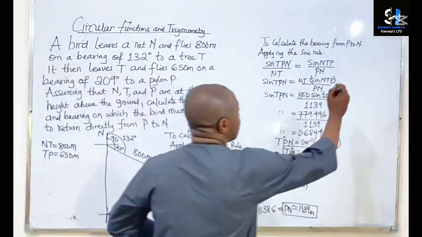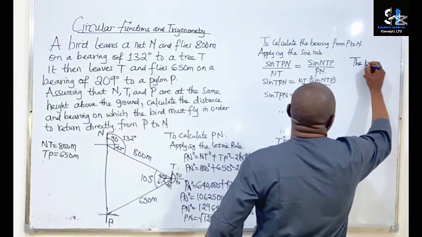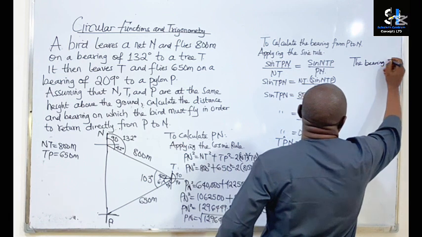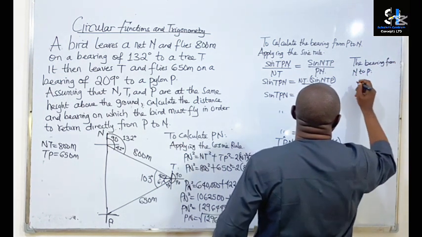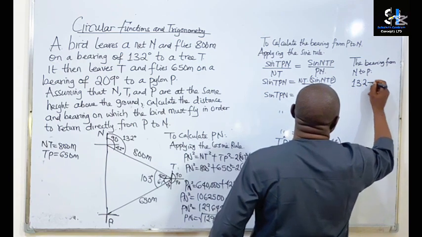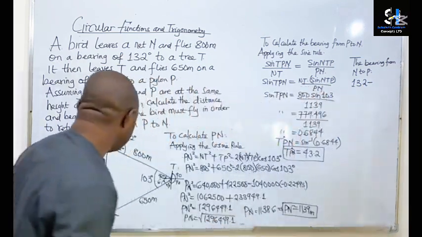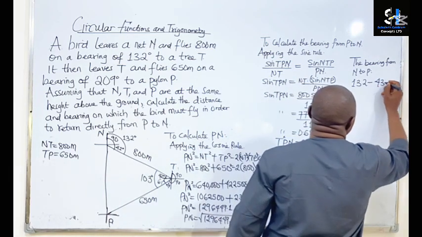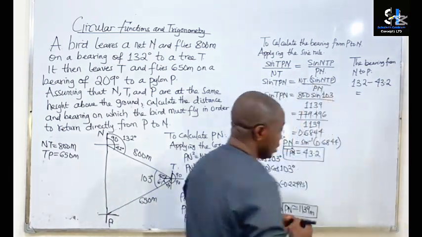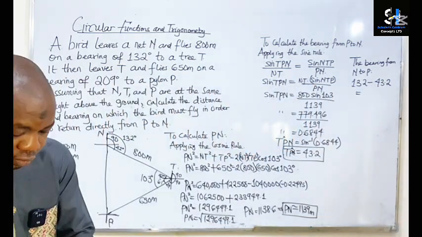We know that to calculate the bearing from N to P, we have to do 132 minus the value we just calculated, which is 43.2.